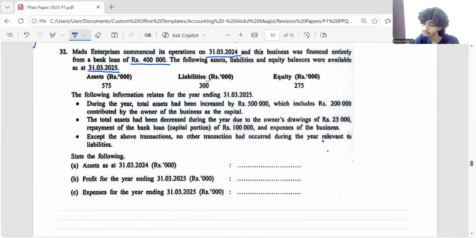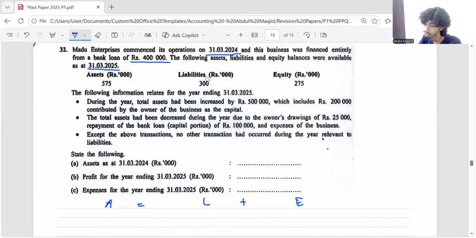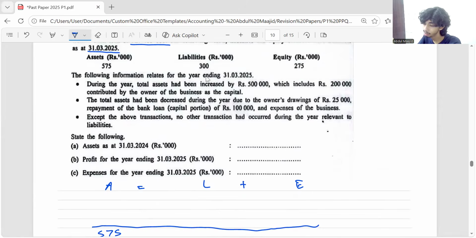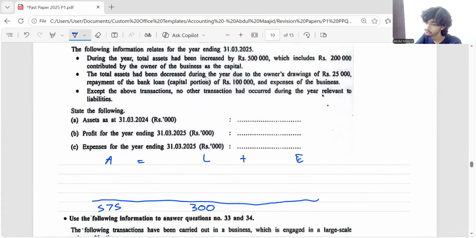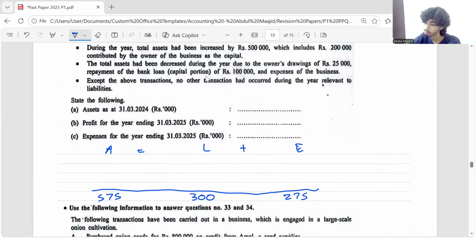Here they have given the closing asset, liability, and equity. Asset equals liability plus equity. Closing asset is given as 575, closing liability is given as 300, and closing equity is given as 275.